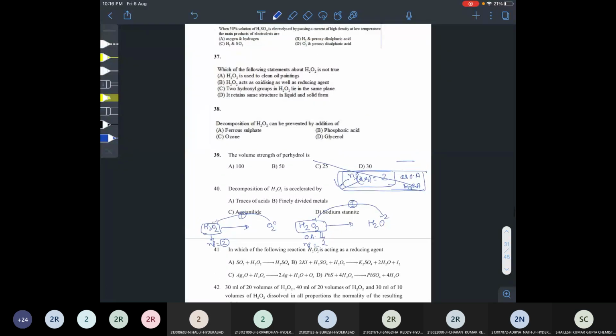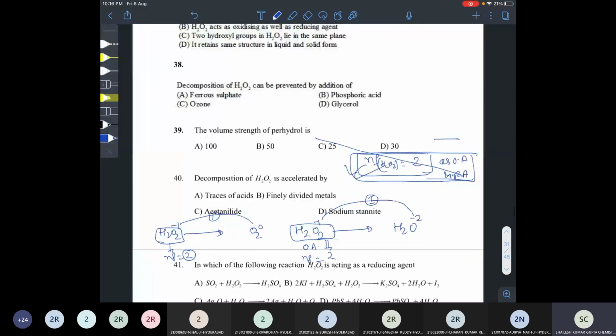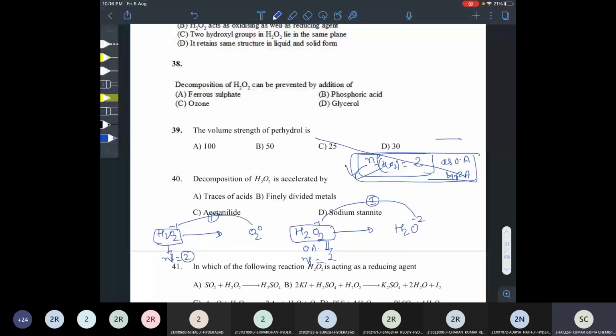39. The volume strength of perhydrol is... Again, this is a really informative thing. Anyone having any idea about what is perhydrol? I think a very special concentration of H2O2 is taken as perhydrol.